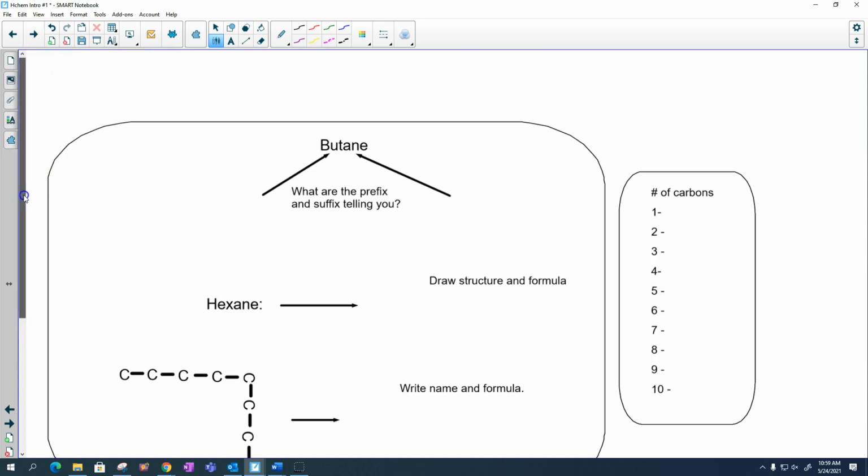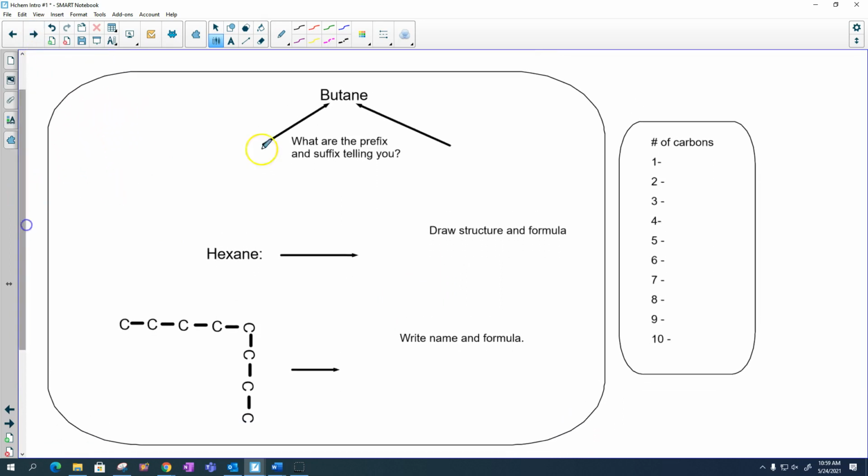Alright, so now butane. What's going on here? Well, it turns out that the first part of this name is the number of carbons. It used to be the total number of carbons, but that's a long time ago. They've now changed it to the number of carbons in the longest chain.